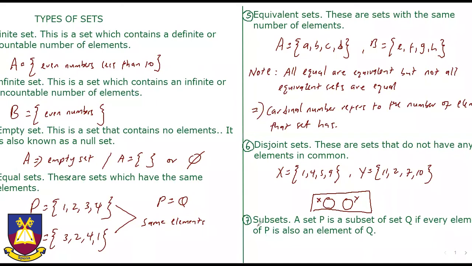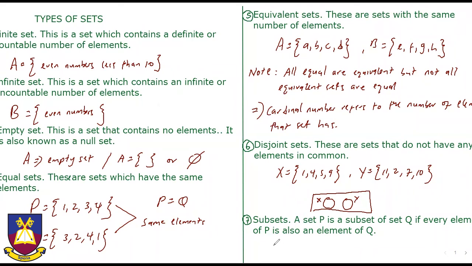And now we have also what we call subsets, and we're saying that a set P is a subset of a set Q if every element of P is also an element of Q. So if we have two sets and every element in one of the sets is also found in the other set, then that set will be said to be a subset of the other.